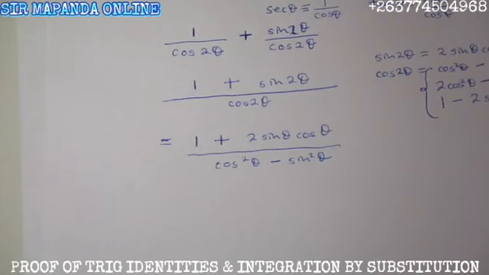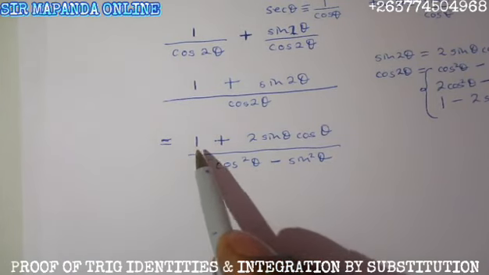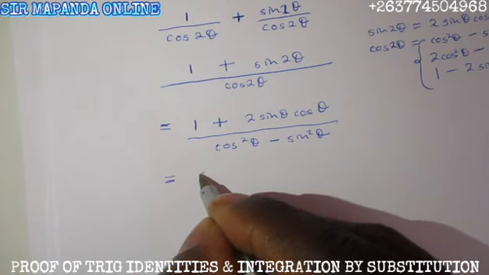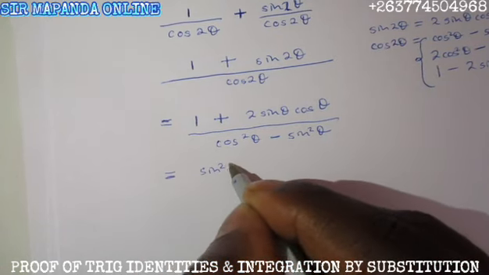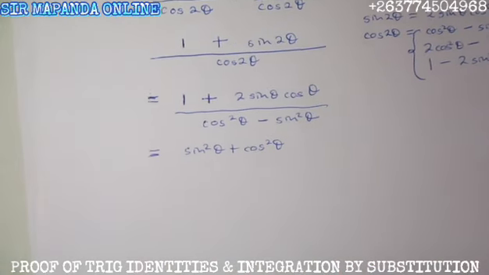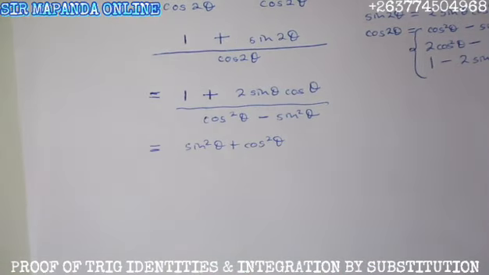Right, so you can clearly notice that 1 can also be replaced by sin²θ + cos²θ. You need to be aware that sin²θ + cos²θ is the same as 1.